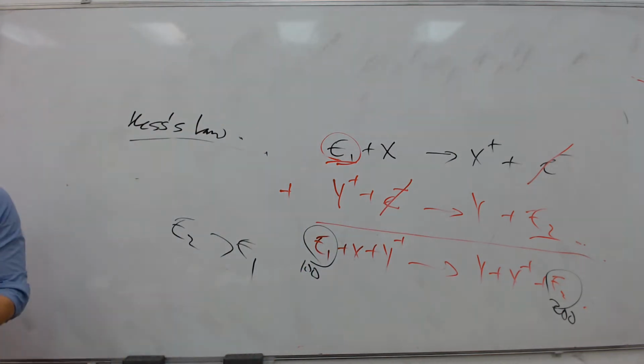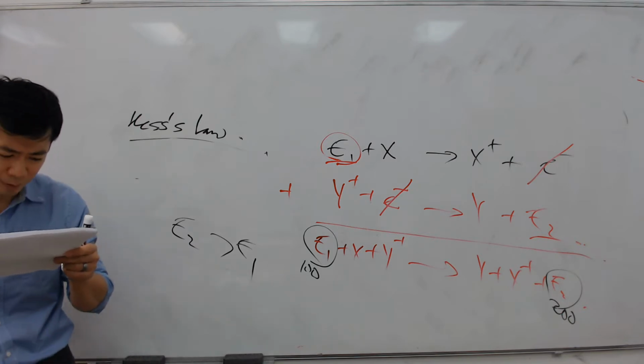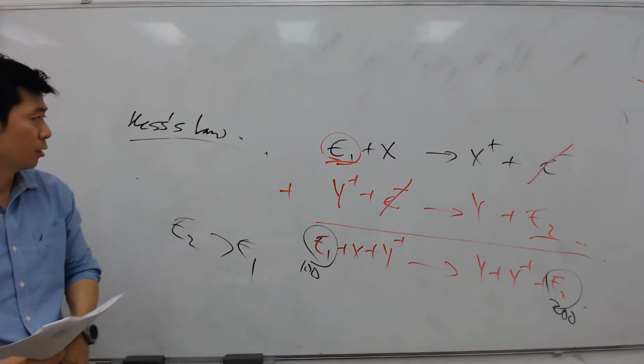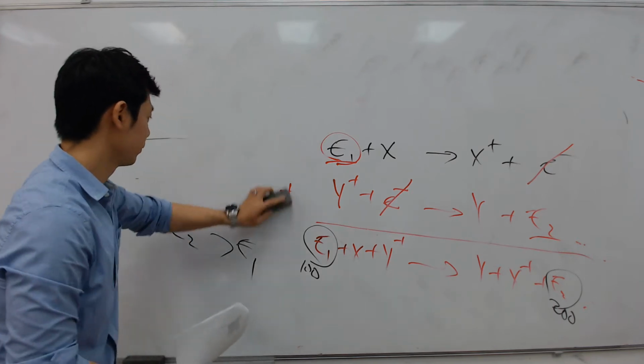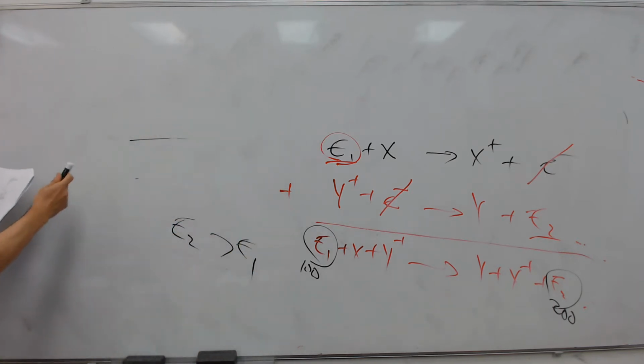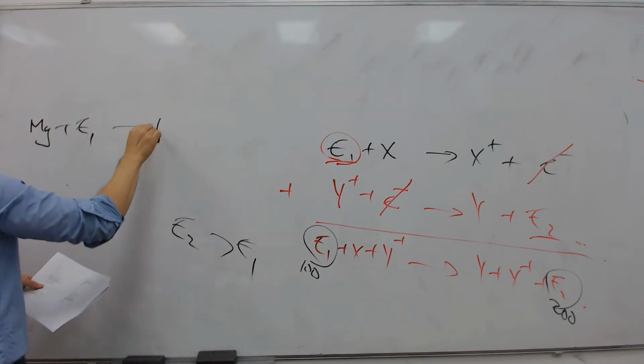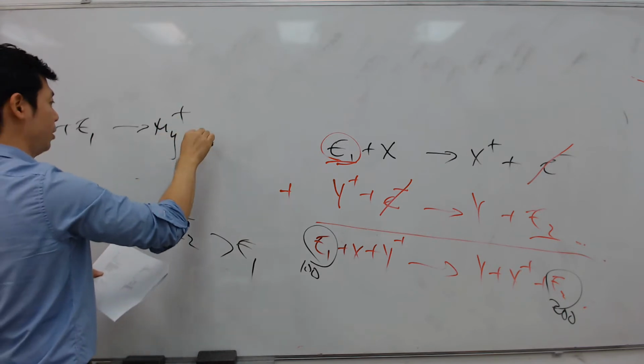So I thought the answer was aluminum and magnesium plus. Now if you look at it, there's magnesium, which is Mg with E1, turning into Mg plus and an electron. That's one process.